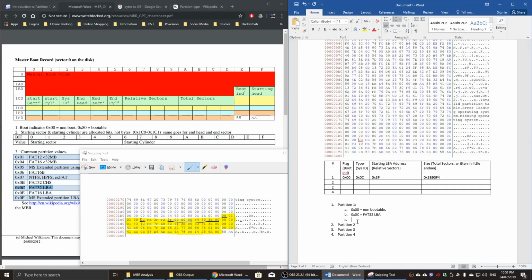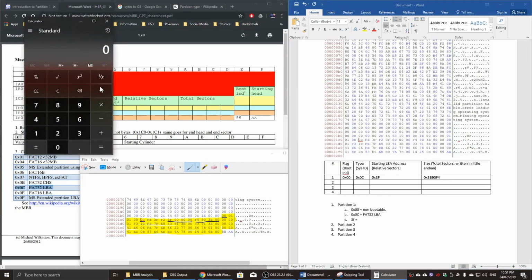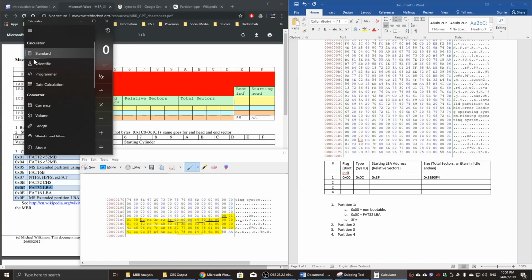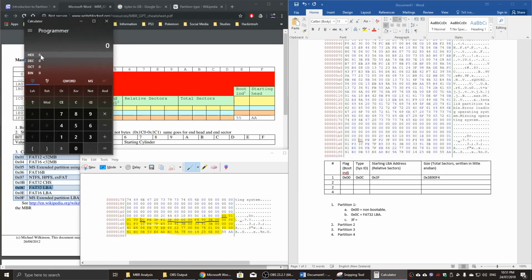So the starting LBA, we're going to take 3F, which in decimal is 63.